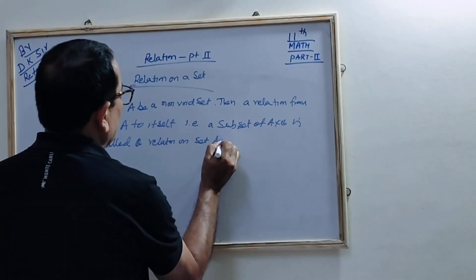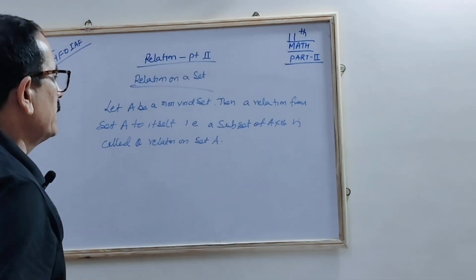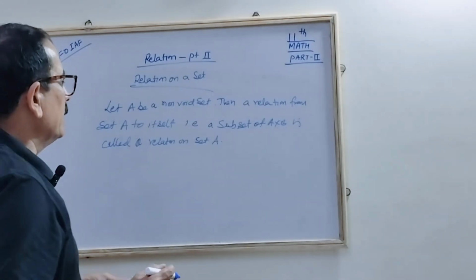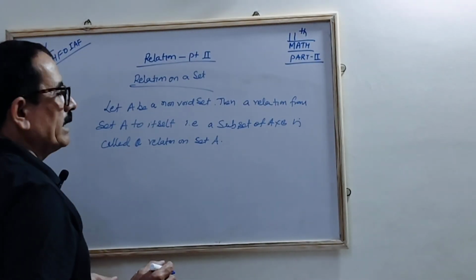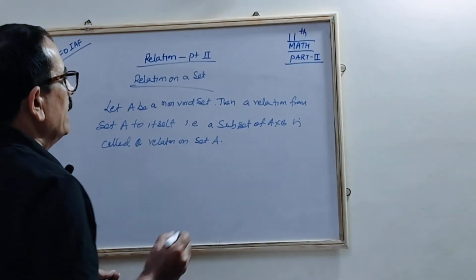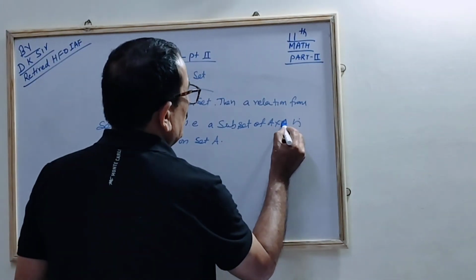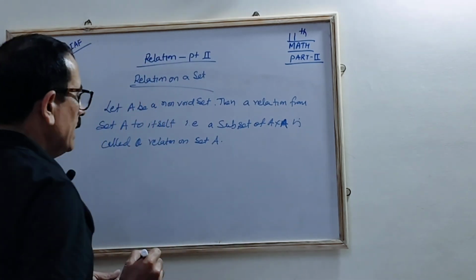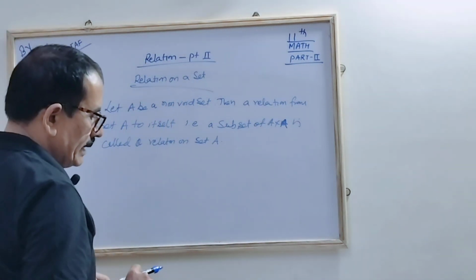This is the simple thing. If you have a non-void set, meaning it is not an empty set, and you don't have any other set, then a relation from the set A to itself, whatever is given, is a subset of A cross A. It is called a relation on the set A.